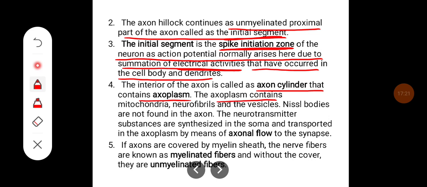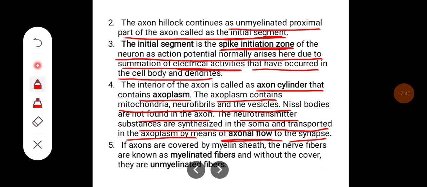The axoplasm contains mitochondria, neurofibrils, and vesicles. Nissl's bodies are not found in the axon. The neurotransmitter substances are synthesized in the soma and transported in the axoplasm by means of axonal flow to the synapse. If axons are covered by myelin sheath, the nerve fibers are known as myelinated fibers, and without the cover they are unmyelinated fibers.